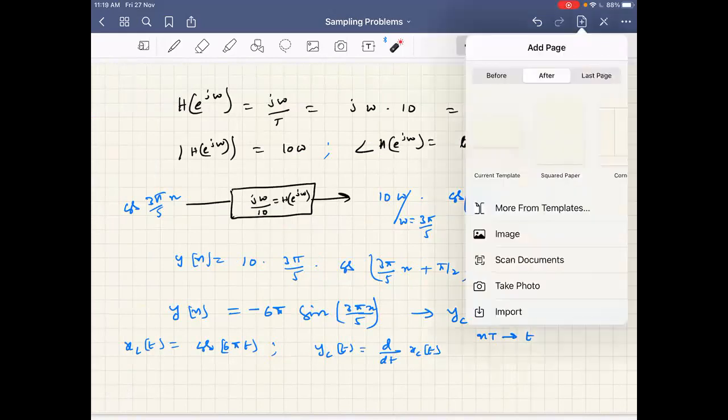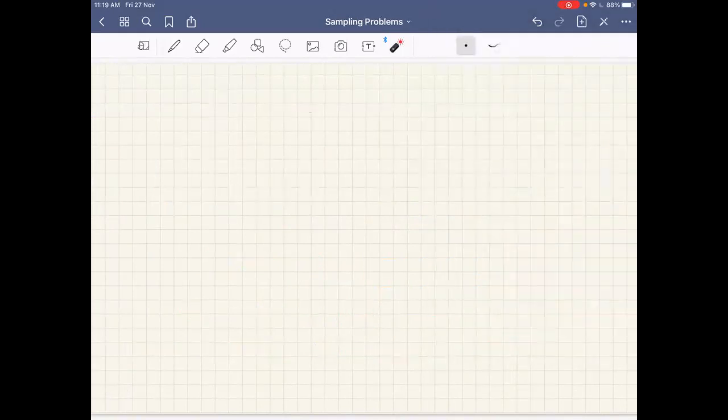So part B, we will not do fully, but I will just ask for your comments on this. B: xc of t is given as cos of 14 pi t. So how is this problem different from the earlier problem?